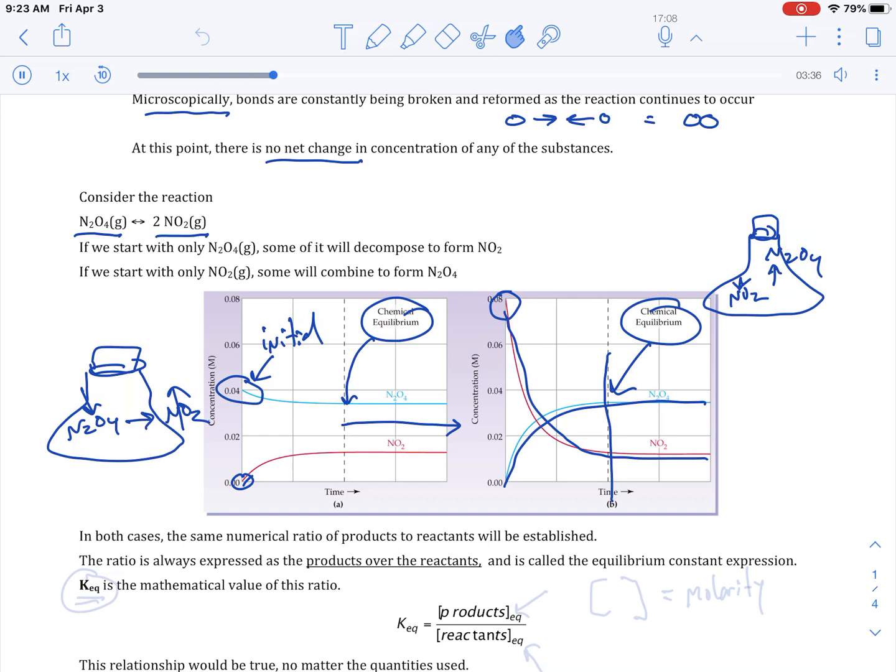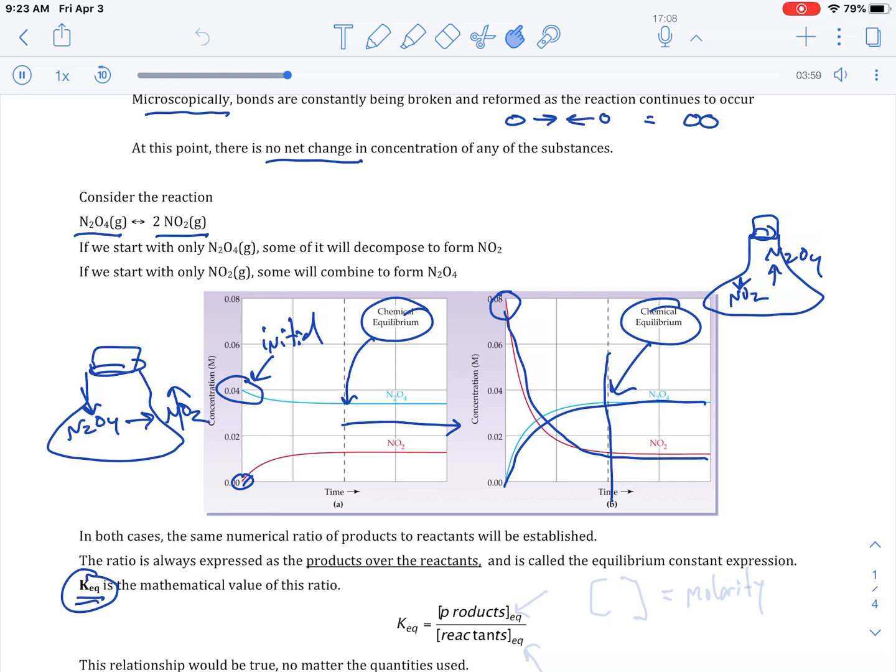So, if you understand that, then we can start to talk about this mathematically. The ratio of the concentration of the products over the reactants can be mathematically expressed as what we call an equilibrium constant, KEQ.